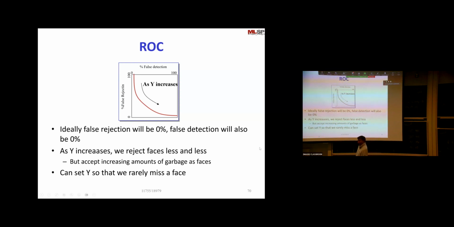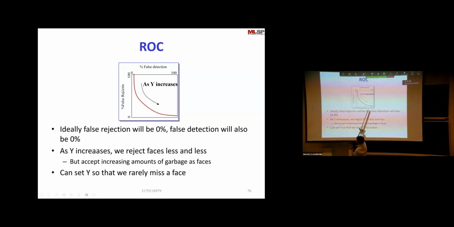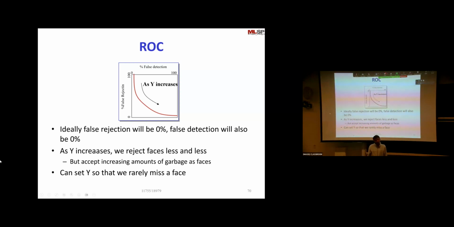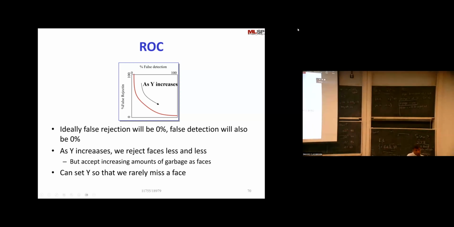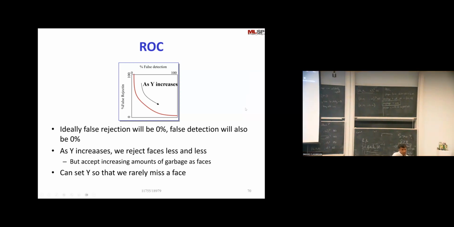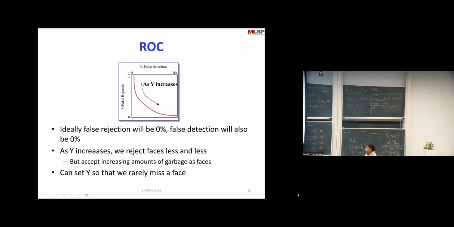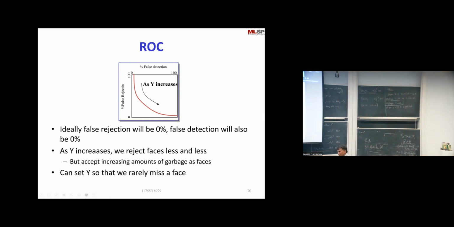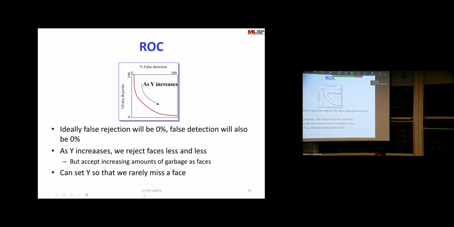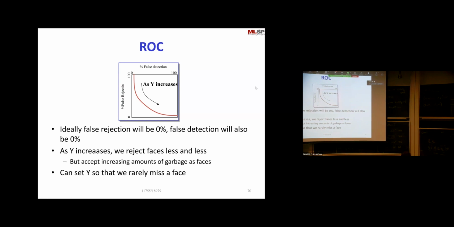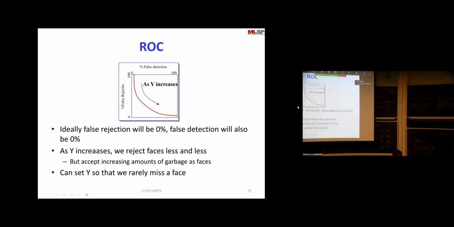And as you modify your threshold, if you plot the performance, you're going to get a curve of this kind, the receiver operating characteristic, which tells you how false acceptances are traded off with false rejections when you modify your threshold. And based on this plot, you can decide where you want your threshold to be so that you never reject a face or never accept a false face, depending on what your choice is.